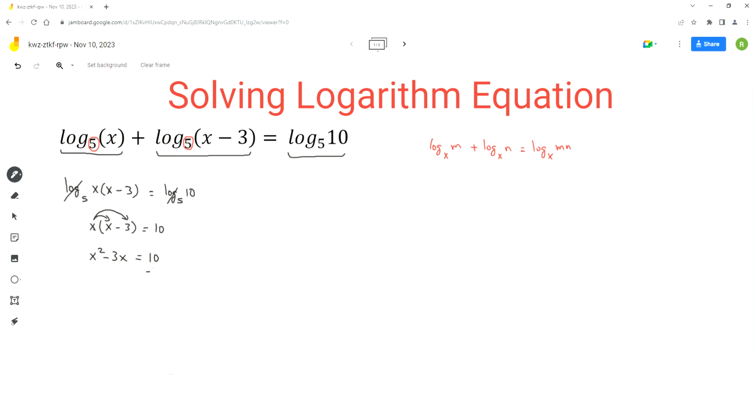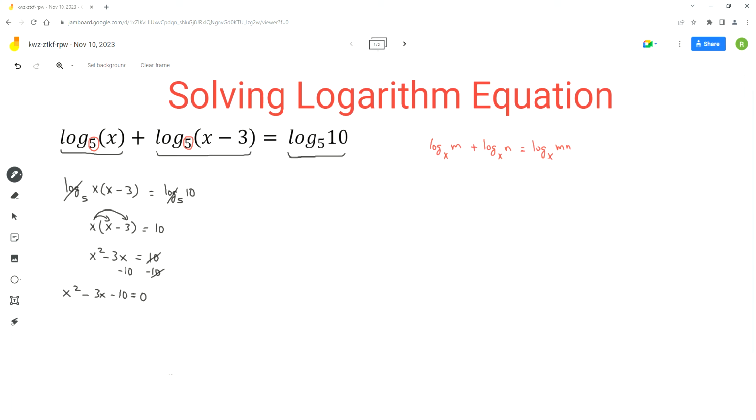So we should subtract 10 from both sides. So the 10's on the right side cancel each other out, and we get x squared minus 3x minus 10 equals 0. So this is a quadratic equation that we have to solve.